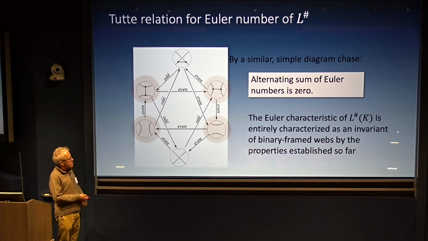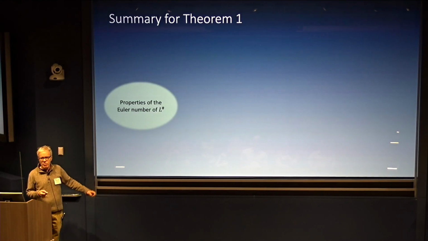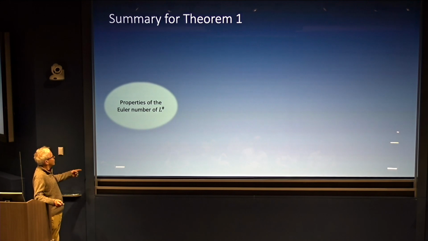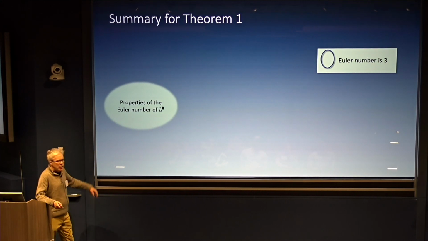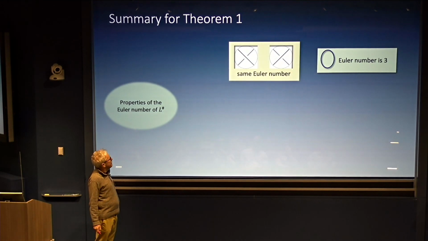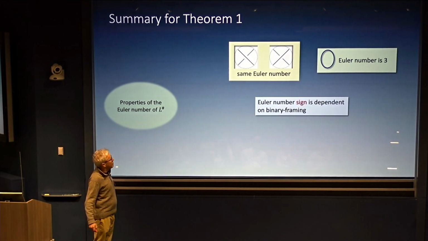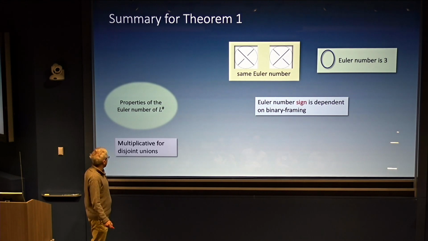Returning to the Euler characteristic of L-sharp, we've established these properties of it, and they're now quite enough to entirely determine L-sharp. You can compute the Euler number of L-sharp from the properties we've seen. Euler number is 3 for the unknot. I think I stated that. Crossing changes don't change the Euler number. The sign of the Euler number depends on the binary framing.